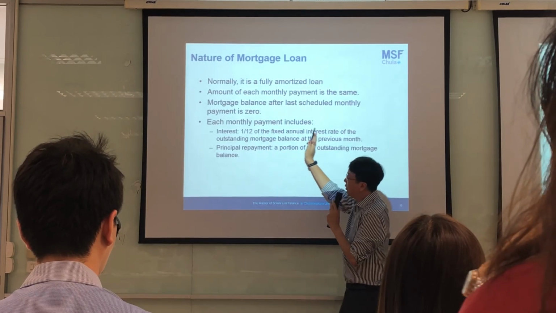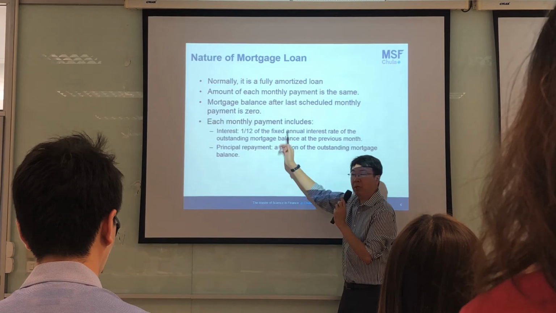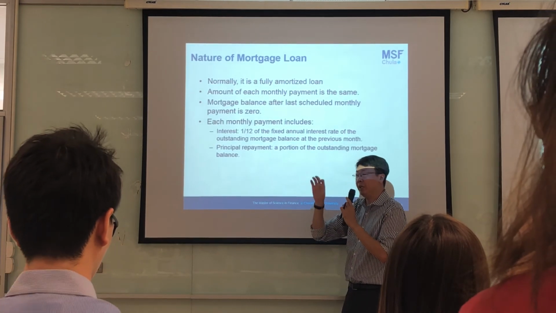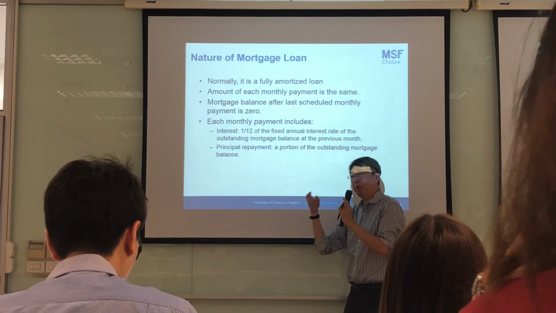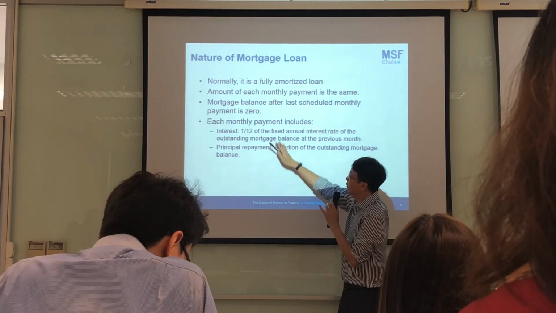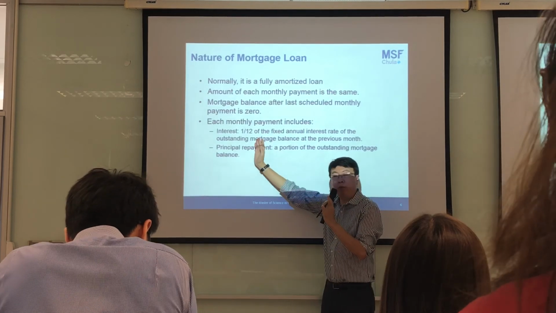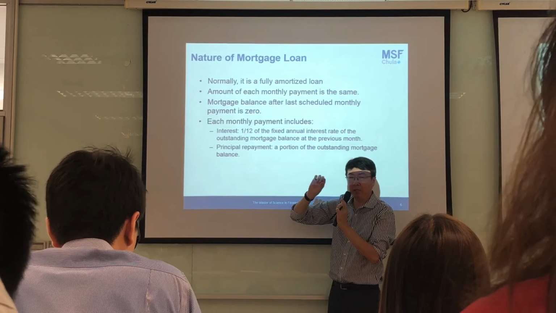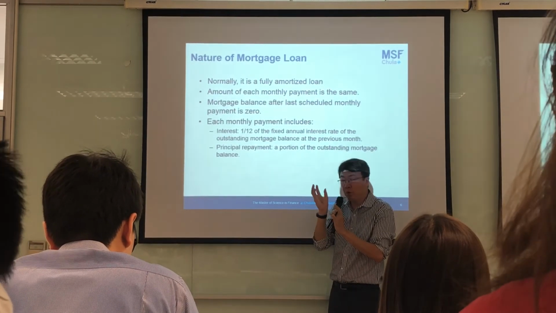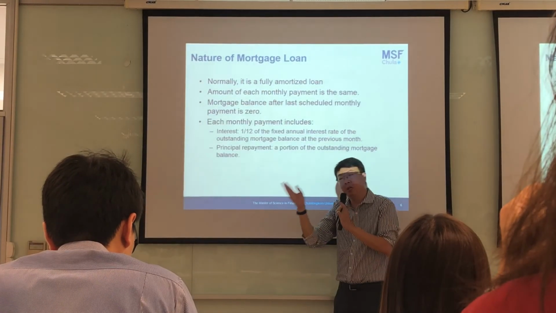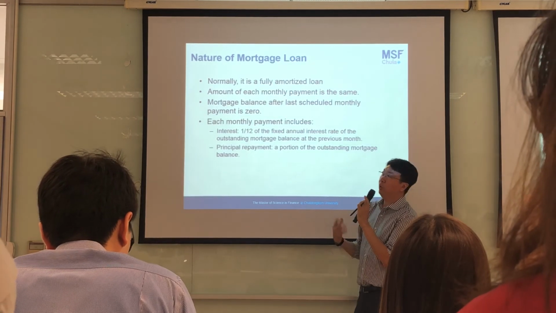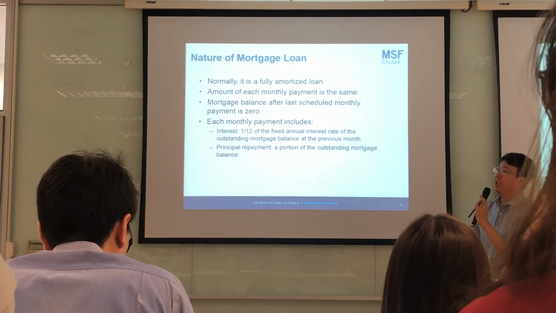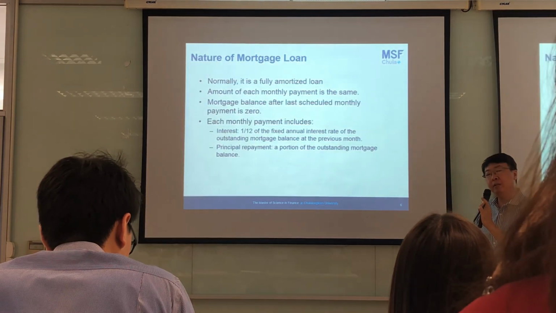To estimate the interest and the principal is very simple. You borrow, and then every month we calculate the interest, and the rest we pay as principal. For this example we just approximate, because in reality the bank will estimate the interest based on the actual number of days from the last payment to the next payment. Suppose in my case I have to pay the loan on the last working day of the month.